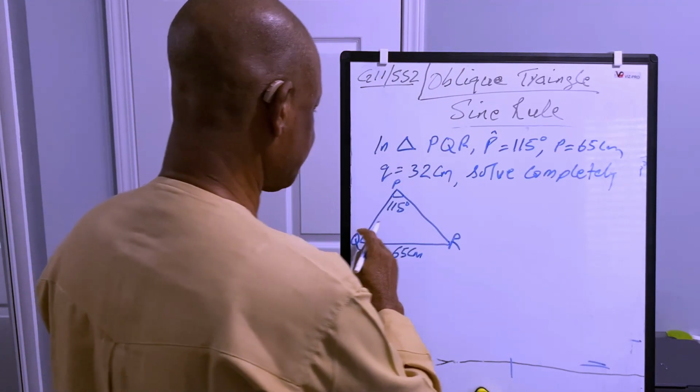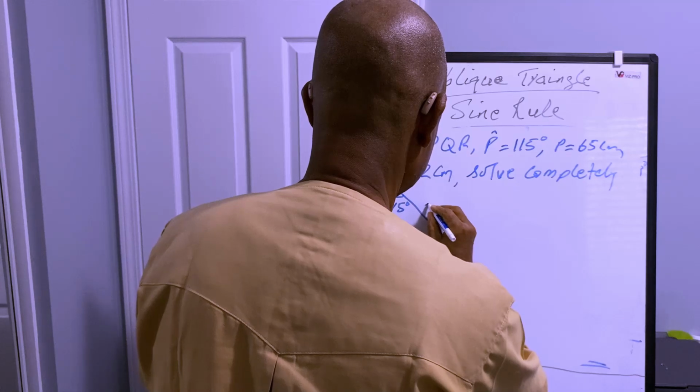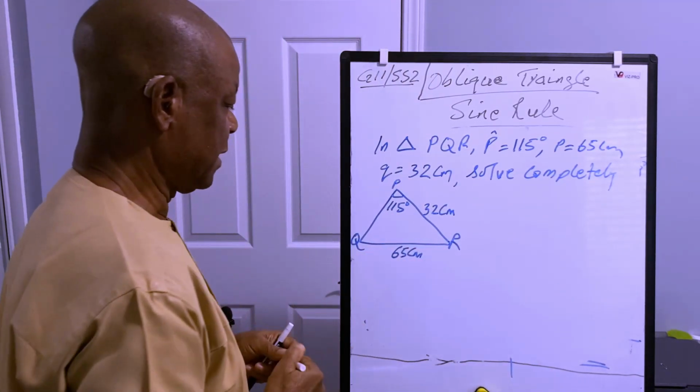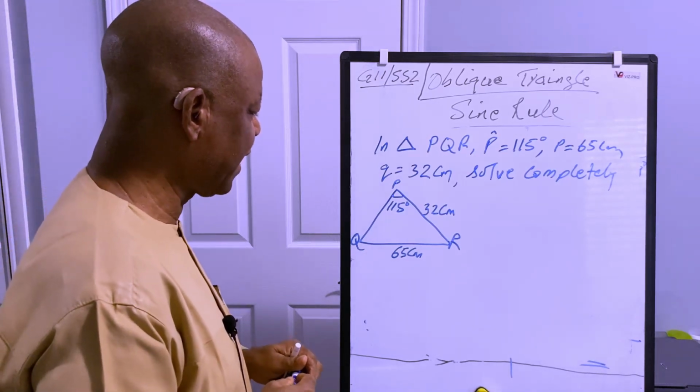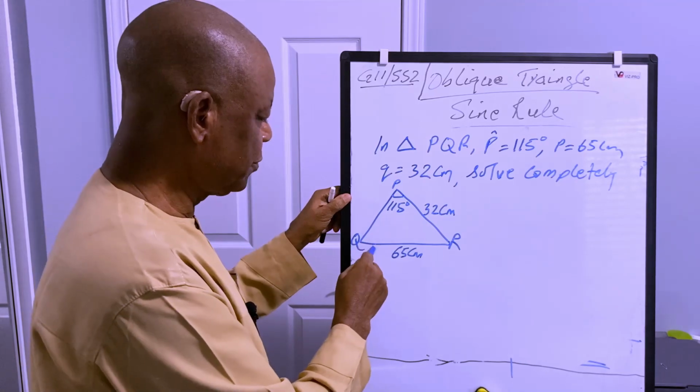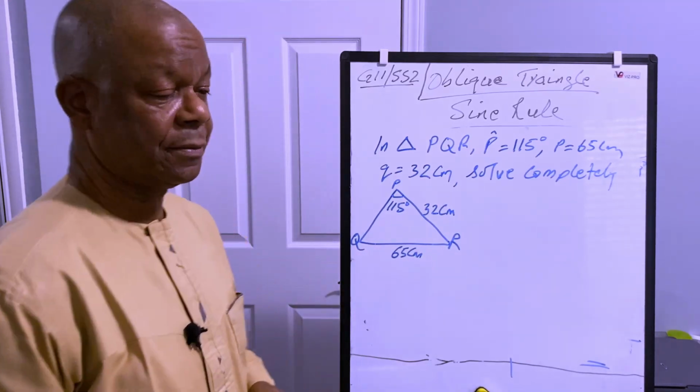And also side q is 32 cm. That means we are expected to find side r, angle Q, and the angle R.